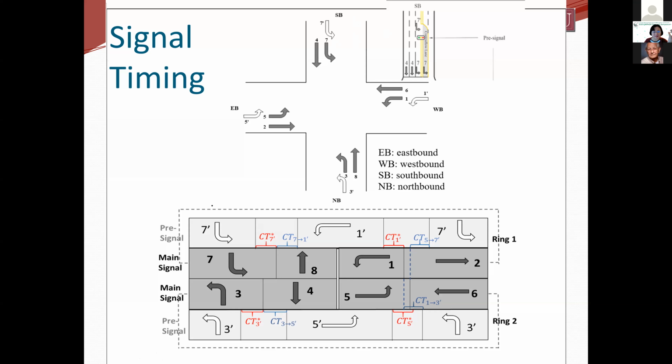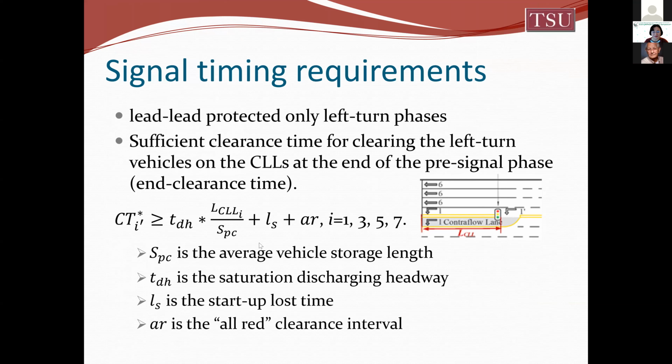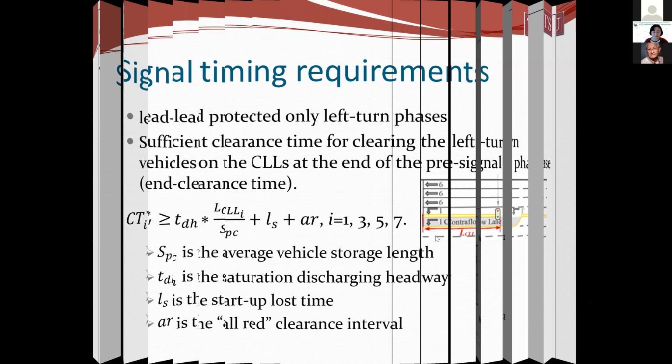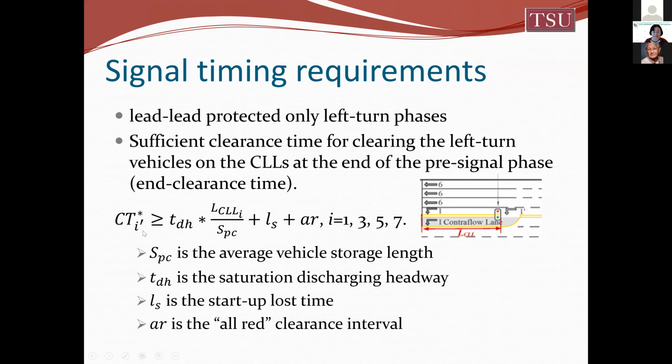Another requirement, as I mentioned, is that you have to have enough clearance time to clear the contraflow left-turn vehicles. So how do you make sure you have enough clearance time? This is the way you calculate it. Basically, you calculate how many vehicles can be stored in the contraflow lane. Then you calculate the time to discharge each vehicle, which we call the average saturation discharge headway.